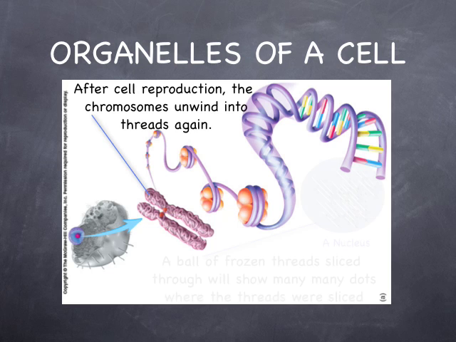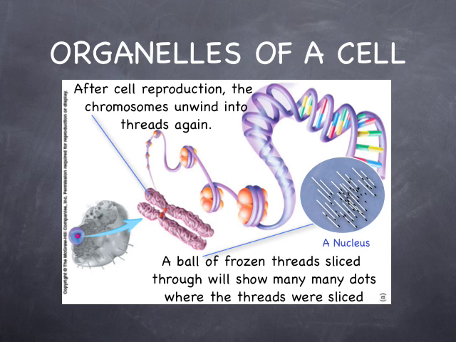And basically, if you had all of these strands unwound, think of a big bowl of spaghetti with all these threads of spaghetti in it, and freeze it, and then slice it in half, and look at where you've cut. What would you see? You'd see all these little dots, right? Where the little frozen strands had been cut through.